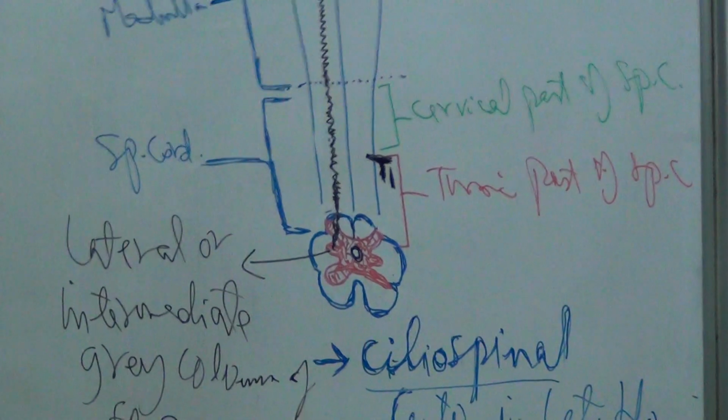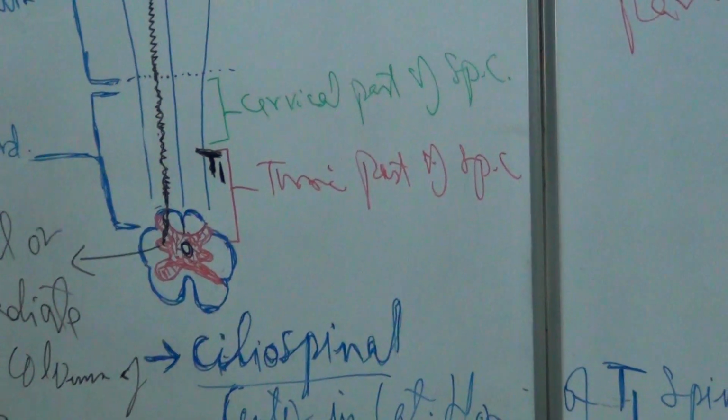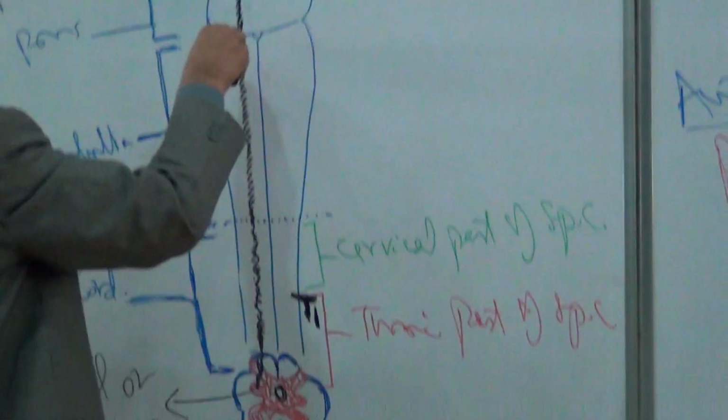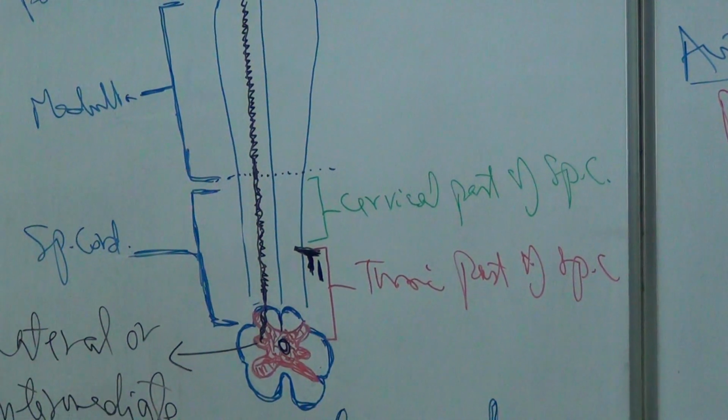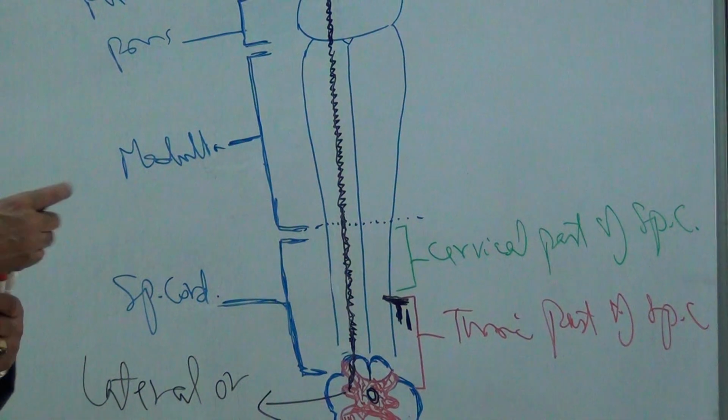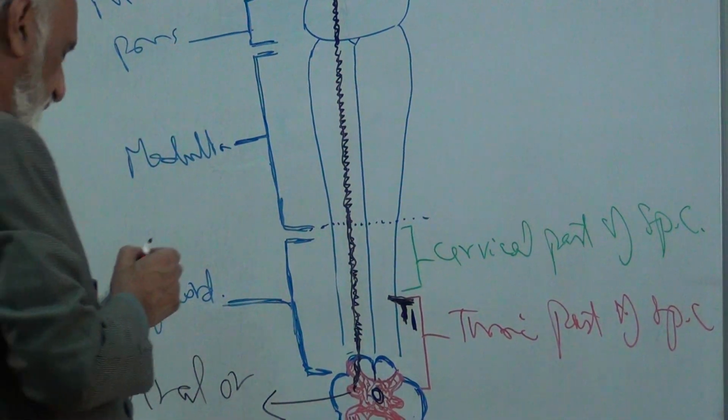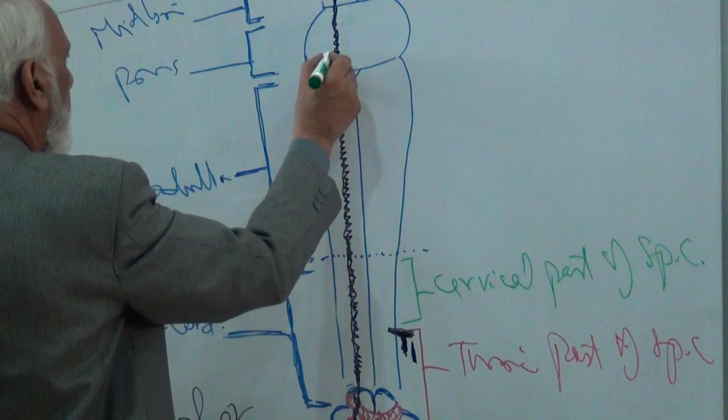This bundle of autonomic fibers, that is sympathetic fibers, terminates at the ciliospinal center located in the lateral horn of the spinal cord. Now, what is this?